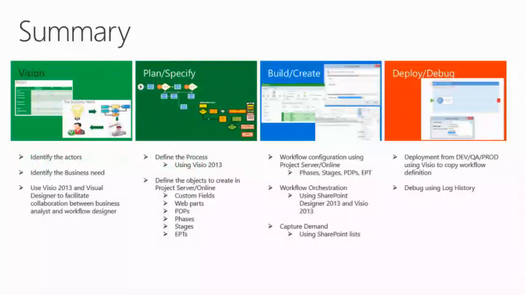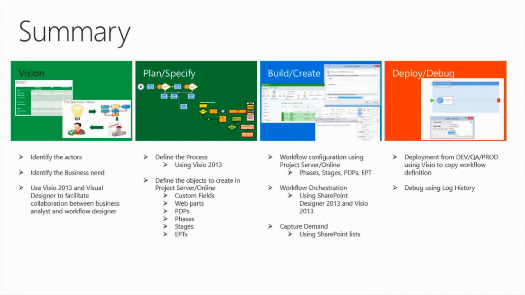So that's it. We've covered today the different steps to create a workflow. We started with the vision phase, where we identified the actors and the business needs, and we used Visio and Visual Designer to facilitate. Then we entered the plan and specify phase, where we define the process and the different objects you need to create in Project Server Online.